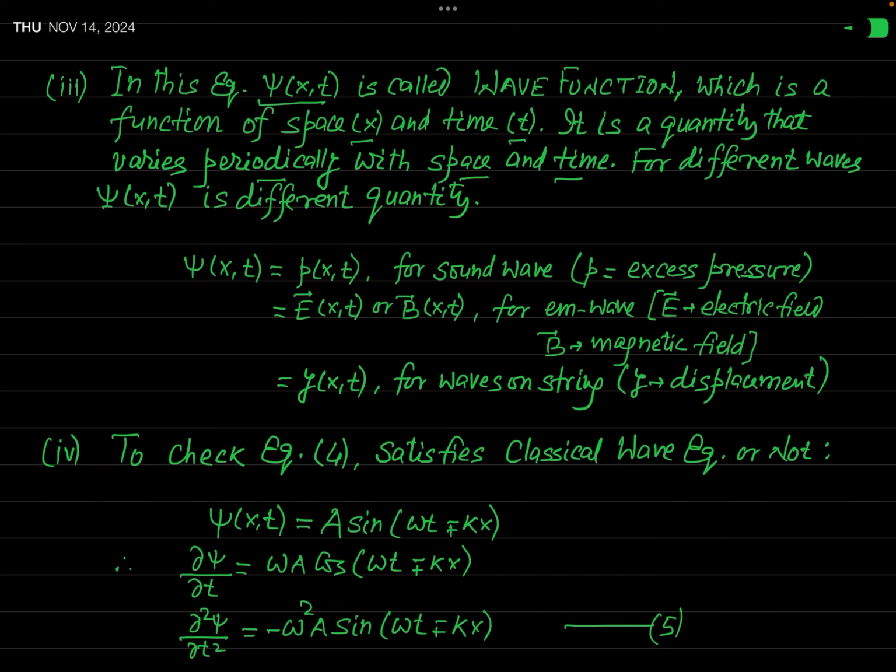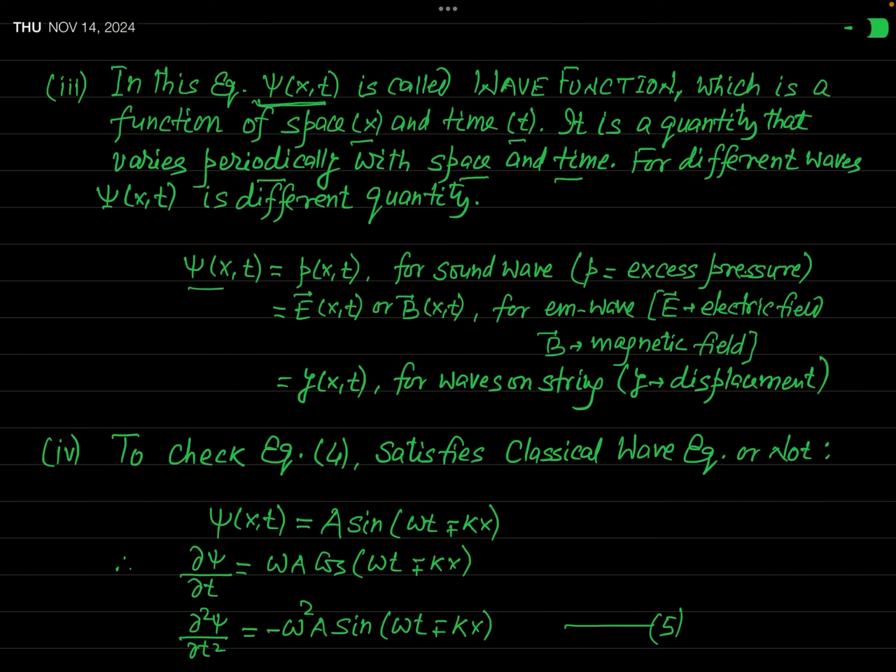Okay. In fact, psi is a particular quantity for a particular wave, and for different waves the wave function is different. We will later study the sound wave, and when you study sound waves you will see that when a sound wave travels through a medium, the pressure of the medium varies periodically with position and time.